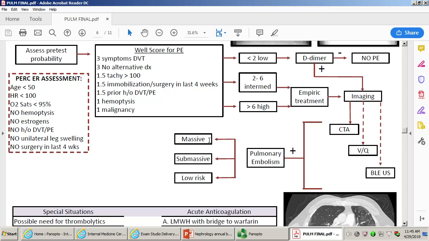This is maybe a dumb question, but can you give TPA in pregnancy? I am not sure. I'll look it up. I would say you're between two things, right?